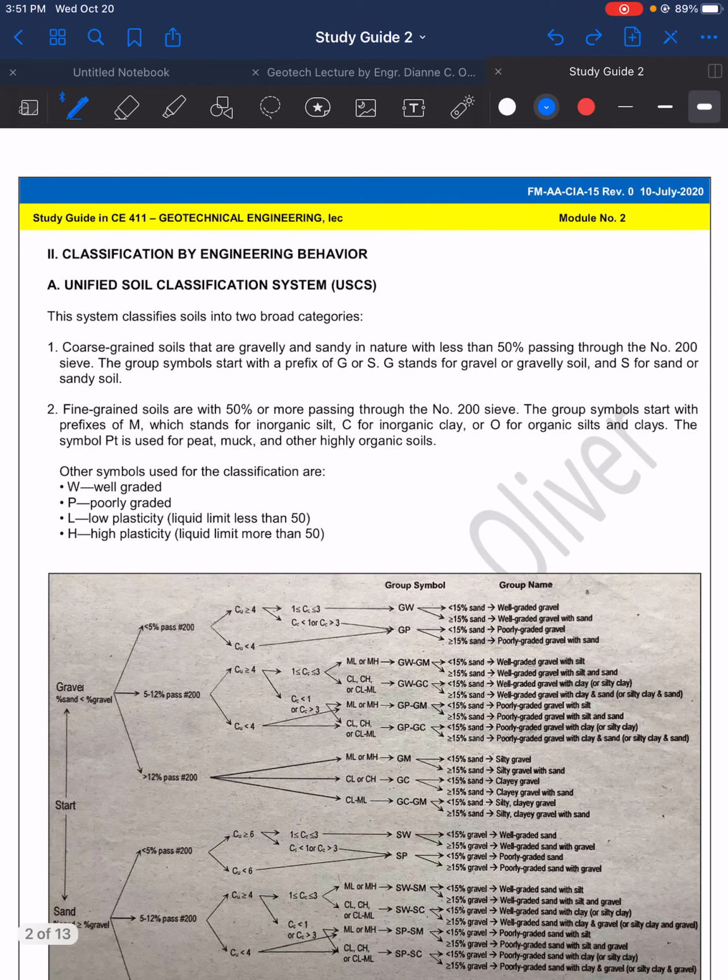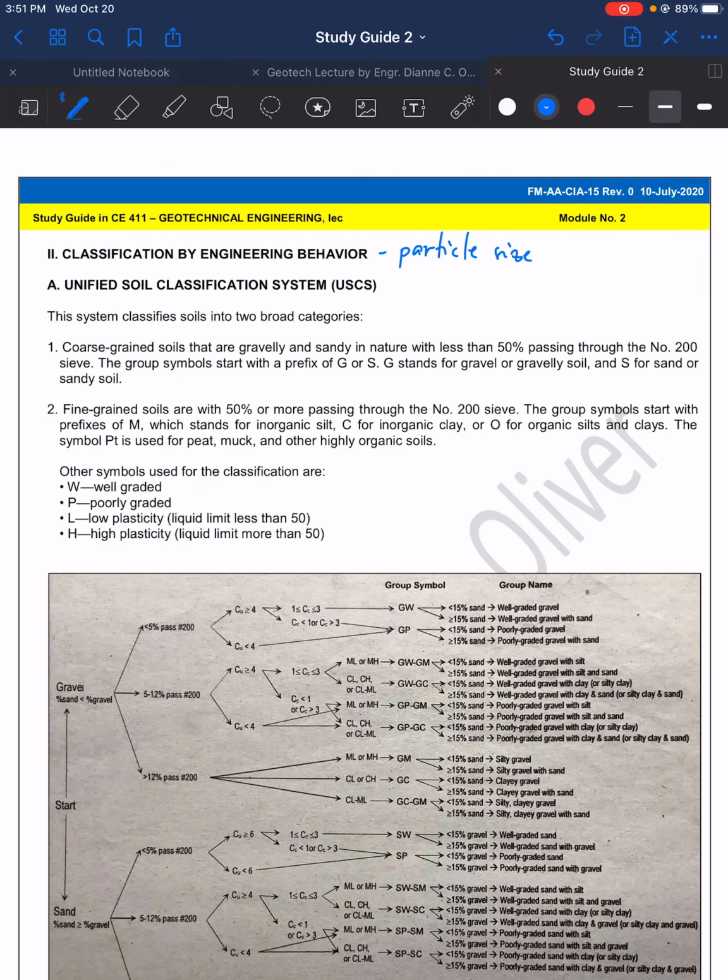Now the question here is, what is the difference between the two major categories, which are the textural classification and the classification based on engineering behavior? As discussed earlier, the textural classification is based on the particle size distribution of the soil. Now for the engineering behavior, yes, it also has the particle size distribution.